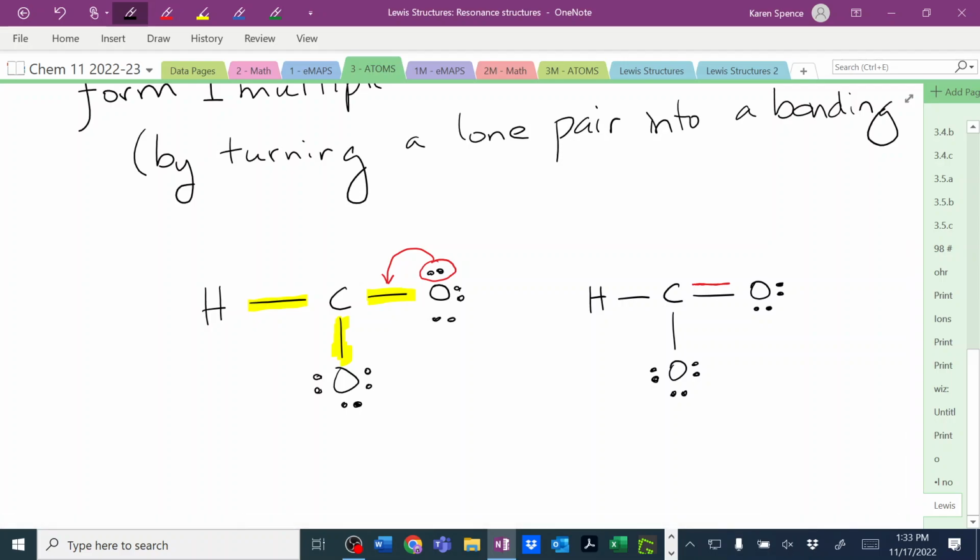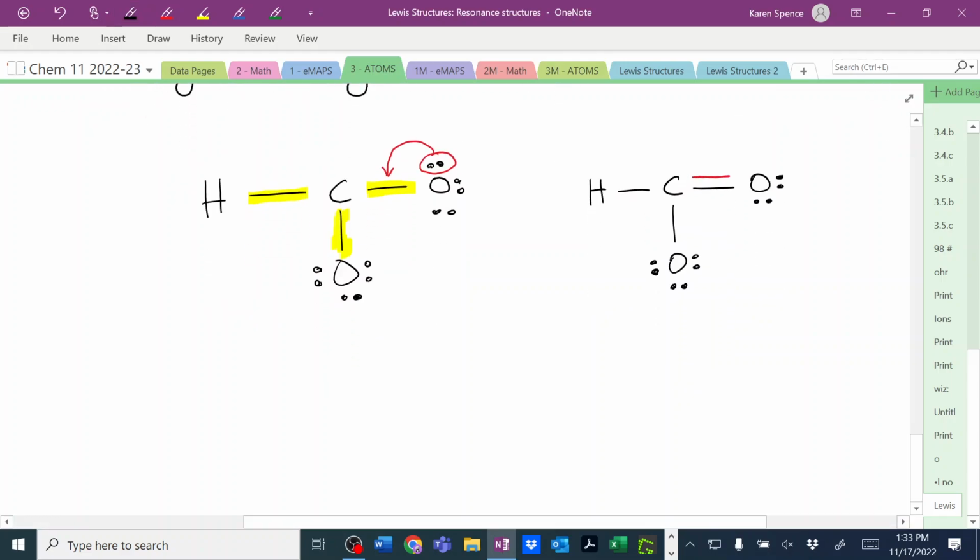And at this point, you can always go back and check your electrons again, right? At this point now I have 4 lines, and that's 4 times 2 is 8 electrons, and I have 1, 2, 3, 4, 5 lone pairs.